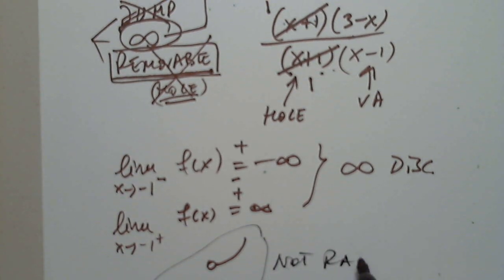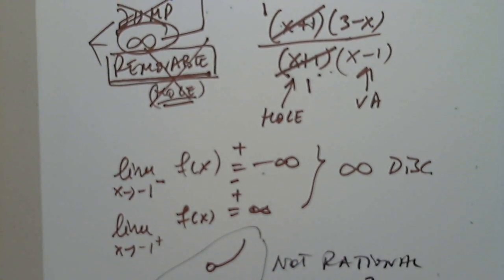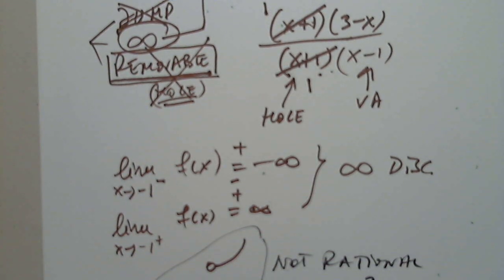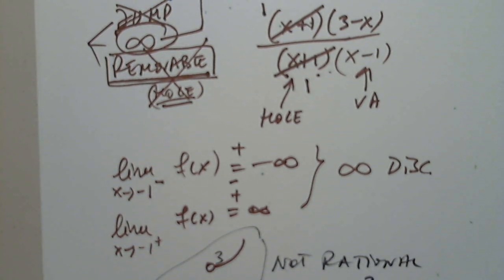This is a typical situation when I have a piecewise defined function. So f of x equals, I don't know, x squared for x less than or equal to 0, and x plus 3 for x greater than 0. I have 0 on this side, and I have 3 on this side. That would be a jump.